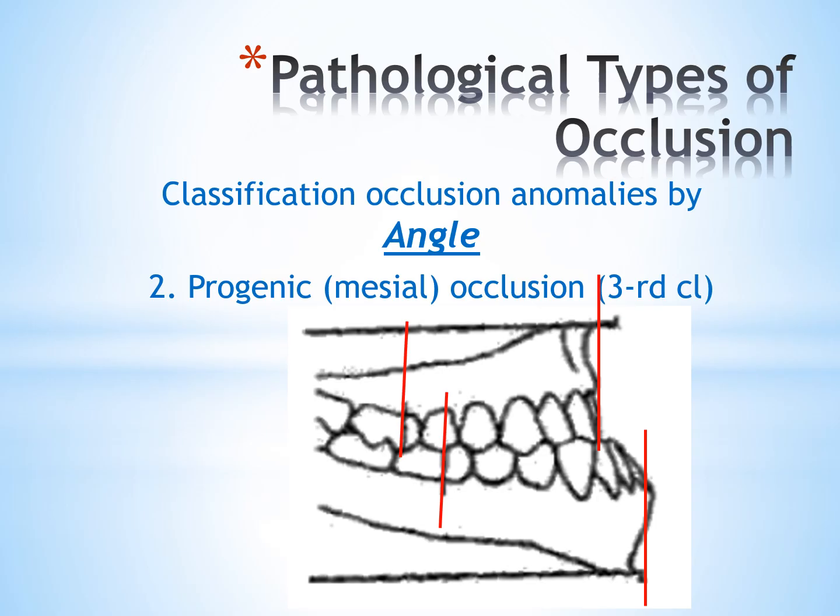But the main disadvantage of the Angle classification is that it describes all pathology only in the sagittal plane, but does not describe pathology in the transverse or horizontal plane, or vertical plane.